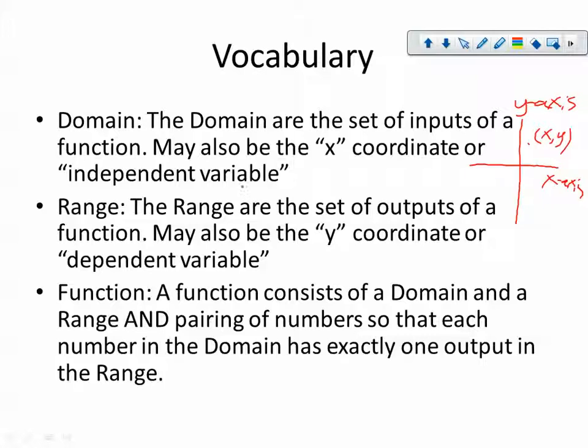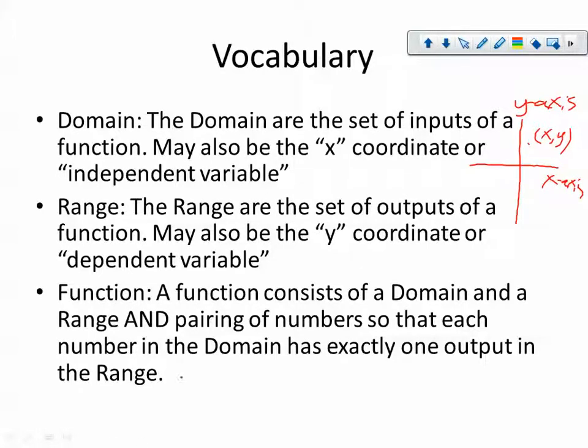The domain is all of the x values, and the range is the set of outputs of a function, also called the y, sometimes the dependent variable. So that's the y value of all of these things. So that's domain and range.